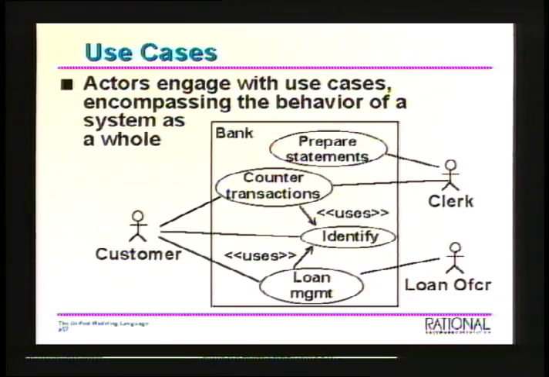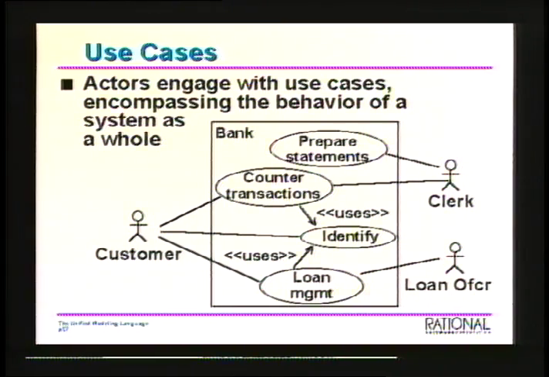And a use case is a set of interactions that's meaningful from the point of view of one of those roles. So it's a way to keep system design honest, so you don't go and design things that are neat and don't do anything. It's a way to make sure that you keep your eye on the requirements from the very beginning.